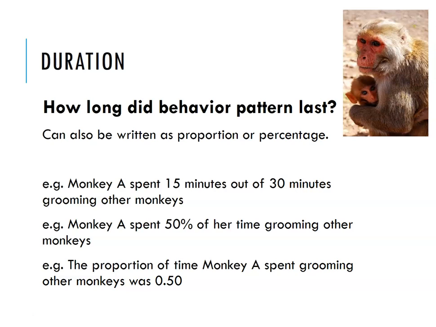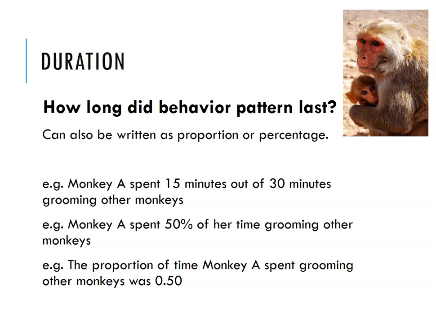You could say that monkey A spent 50% of her time grooming other monkeys, because it was 15 minutes out of 30. You could say that proportionally, the time monkey A spent grooming other monkeys was 0.5 of the time observed. So we want to know, of all the time, how long did this behavior last?